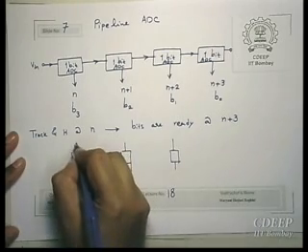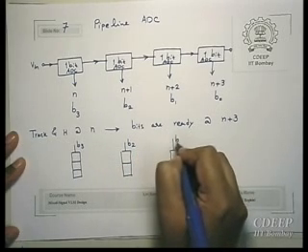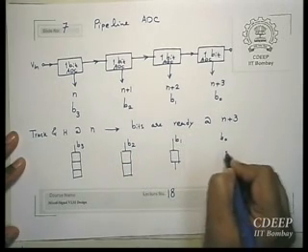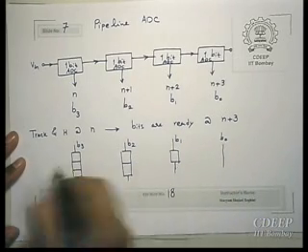So B3 will go here, then B2, B1, B0. Now, if you look at the output of this module, this is a simple shift register.